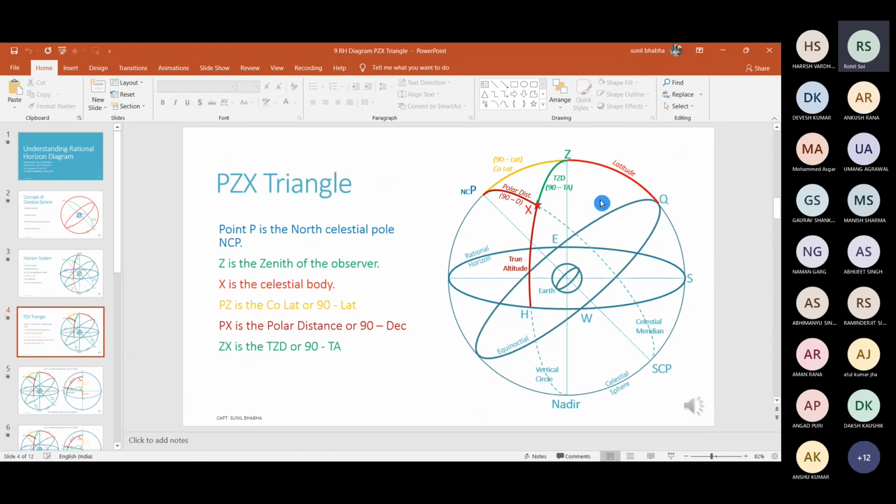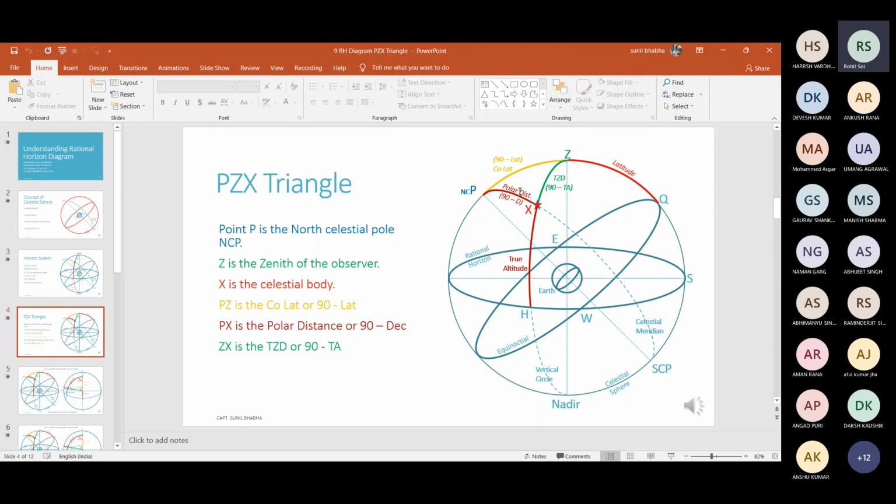Then we covered the concept of the PZX triangle. I believe it was covered, na beta? I told you about the three sides of the PZX triangle. Yes, sir. Right, very good. So we saw the three sides. The side ZX is the true zenith distance or 90 minus true altitude.